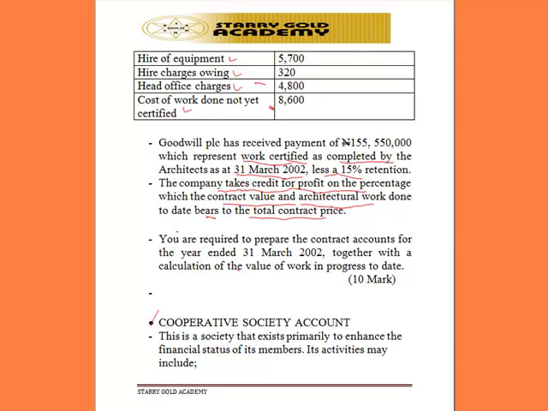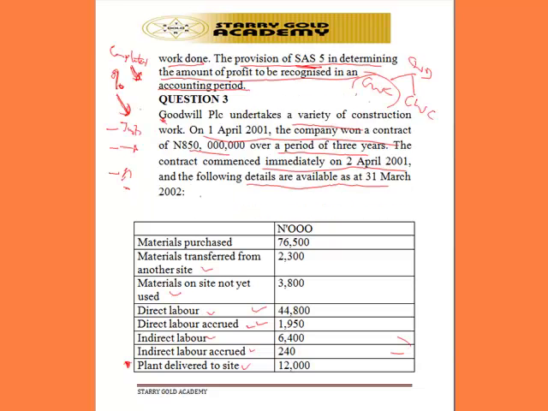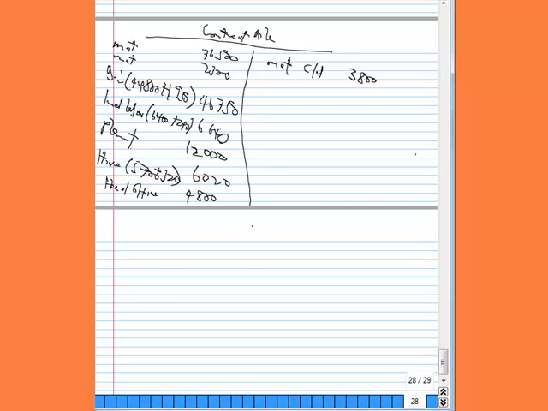But if we don't have it, we go ahead and work, assuming that the contract has taken the plant as a whole. Now the difference between these two sides represents the cost of work done to date.